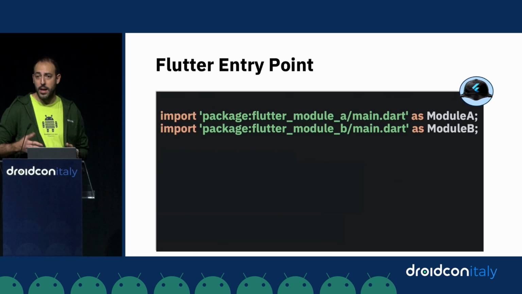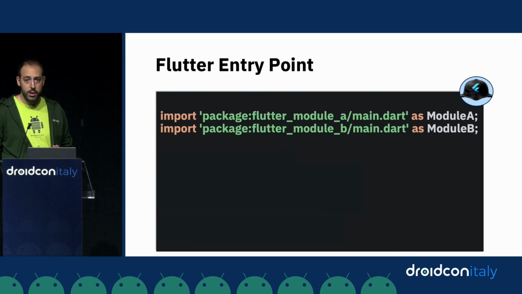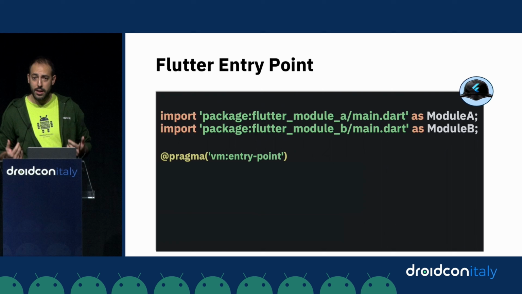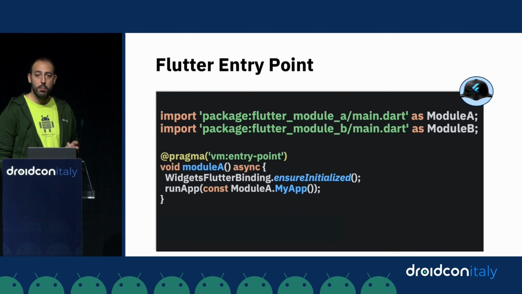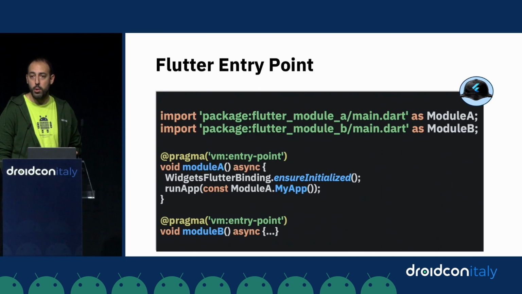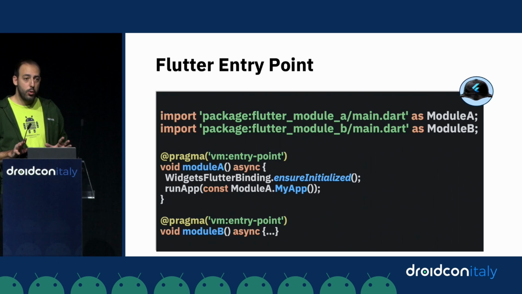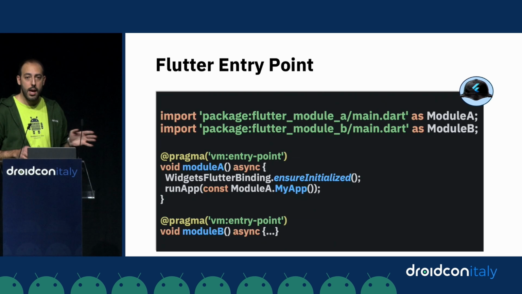So we are going to the Flutter part, and we have to import our packages because we are in the wrapper module, the Flutter big module, and we are going to import module A and module B. So we are going to declare a pragma class from Flutter, and we are going to impact on the virtual machine, the Dart virtual machine, with the entry point, declaring our module A. The same thing for module B. You need to focus on these names because module A and module B will be the strings, the anchors to connect to these modules.